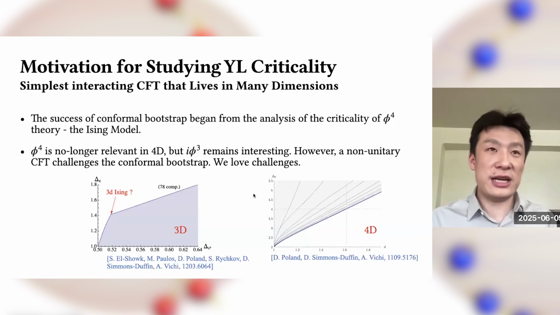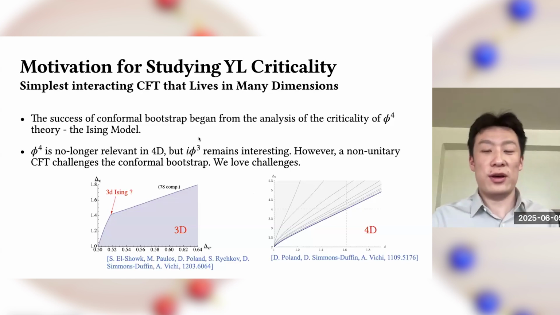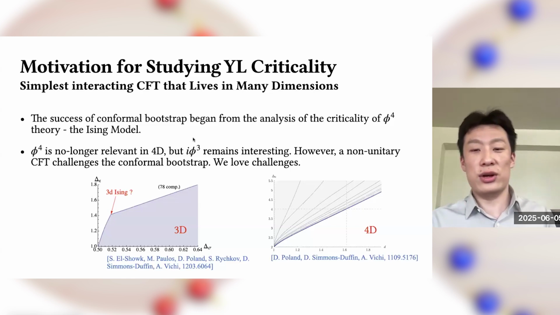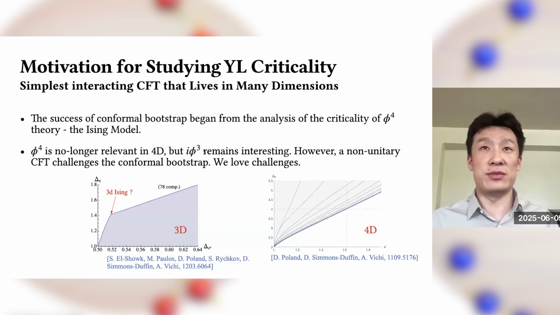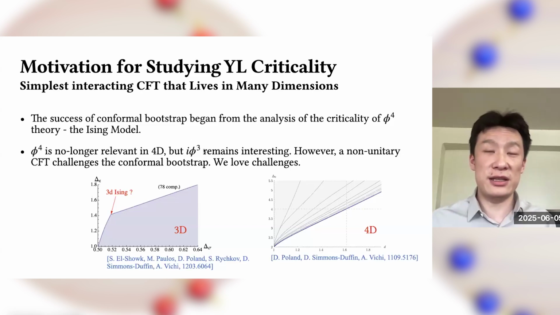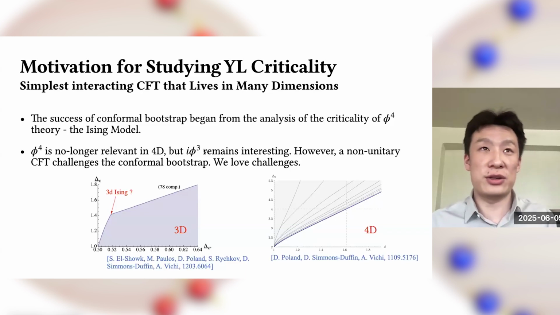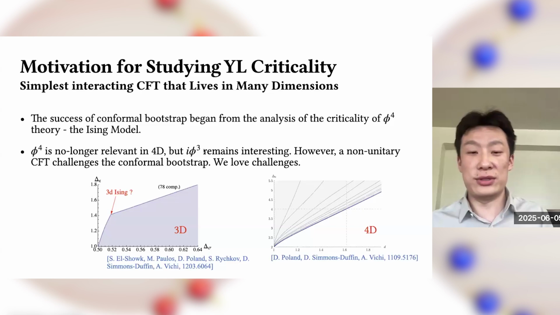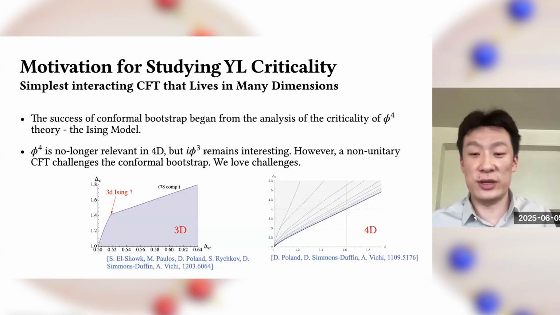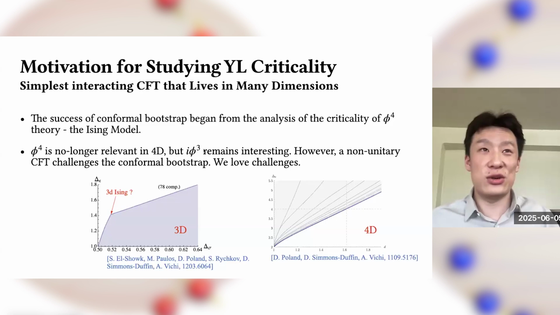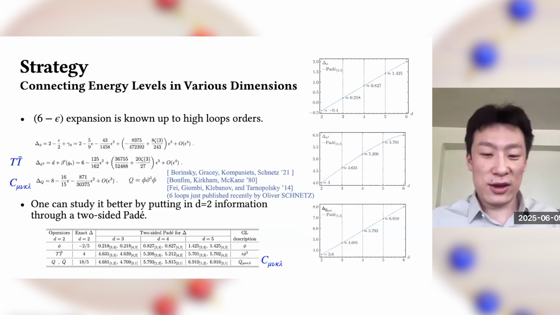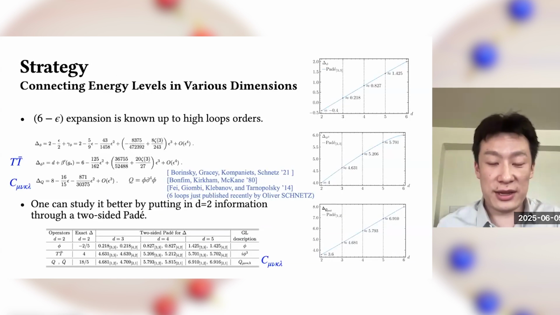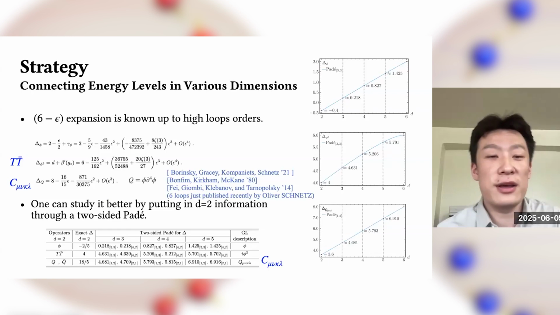But the Yang-Lee type, which belongs to the i-phi-cubed theory, still remains interesting, and there are some interacting CFTs in the family. However, if you study them, then you encounter this difficulty that we don't know how to conformal bootstrap non-unitary CFTs, at least with positivity, which is a challenge, and we love challenges as bootstrappers, so we should do it. Okay, so back to the Yang-Lee theory, the Yang-Lee criticality itself.